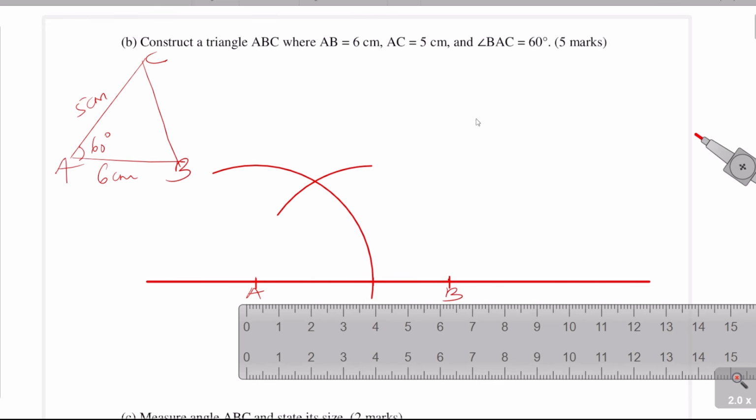Now when you join A to the point of intersection of that arc, that is going to give 60 degrees.